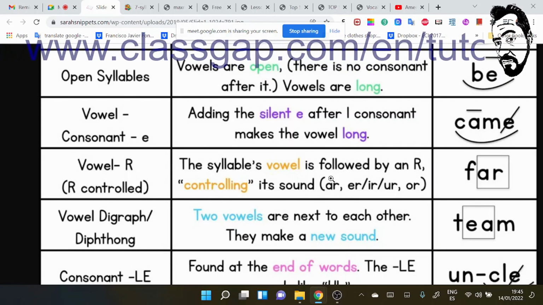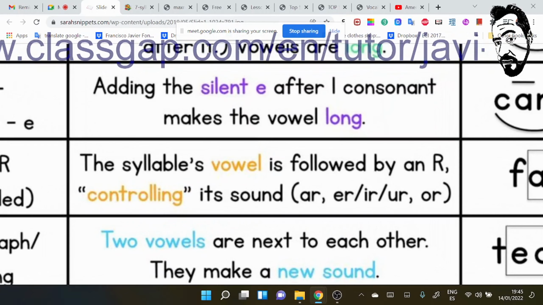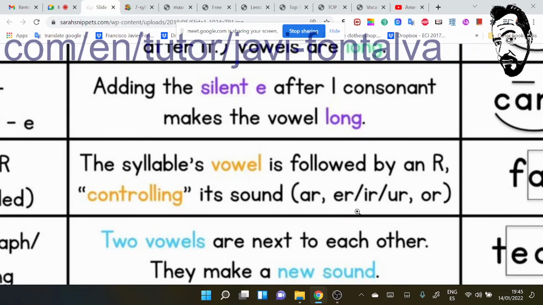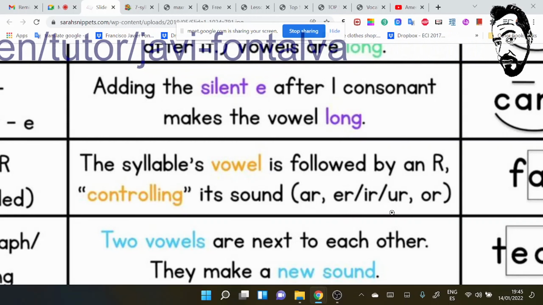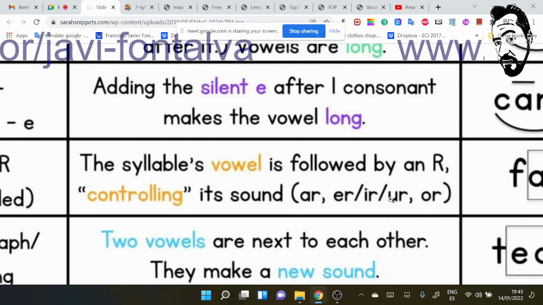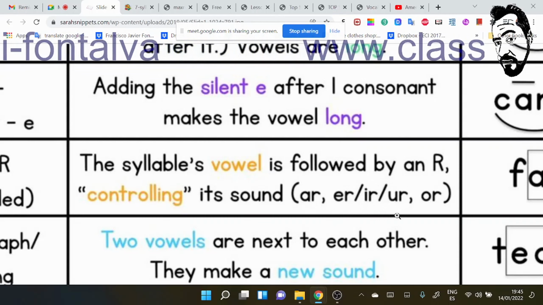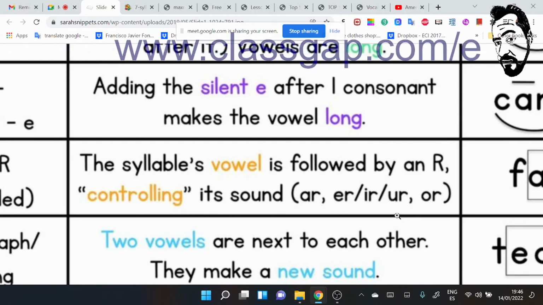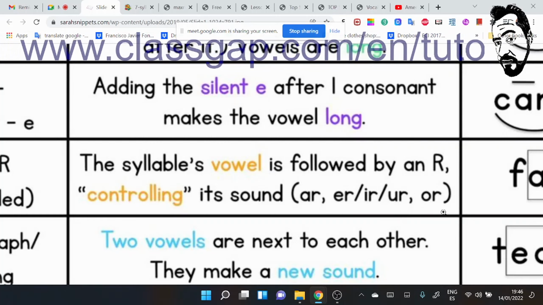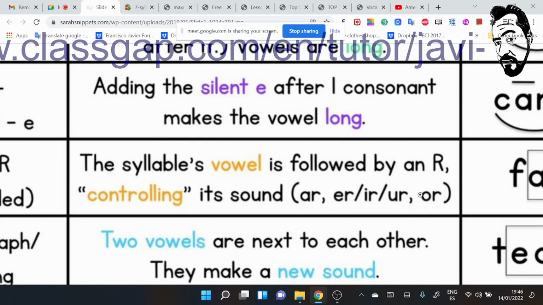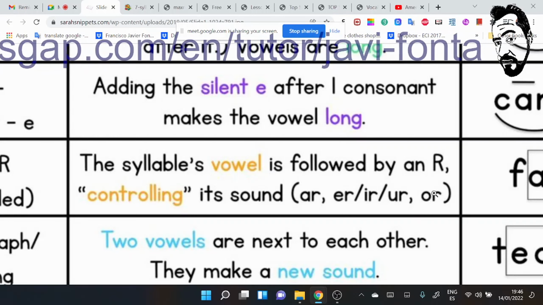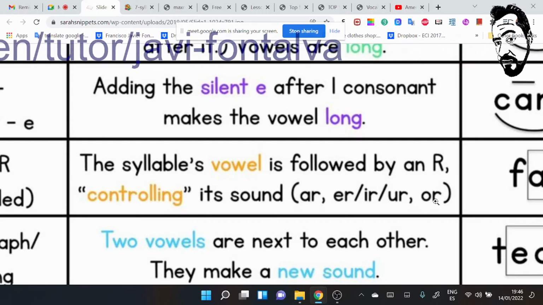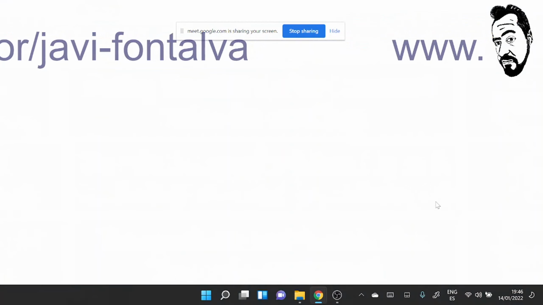So when you have these two, the pronunciation is going to be like an R. When you have these two, IR or UR, the pronunciation is like sir, yeah, sir. Sure. And this one is gonna be, especially next to W, sometimes pronounced like O. Let me give you an example.